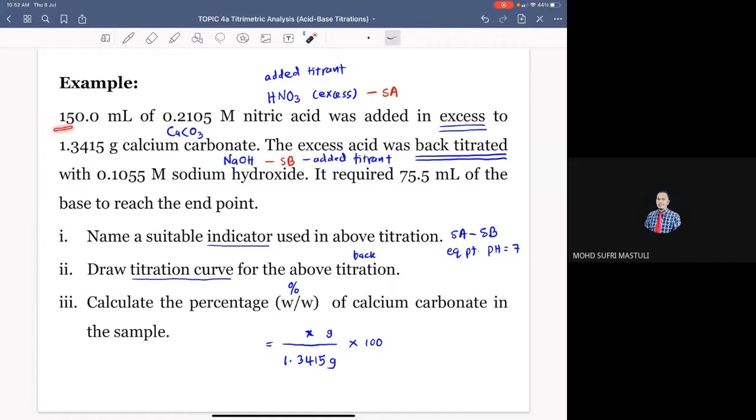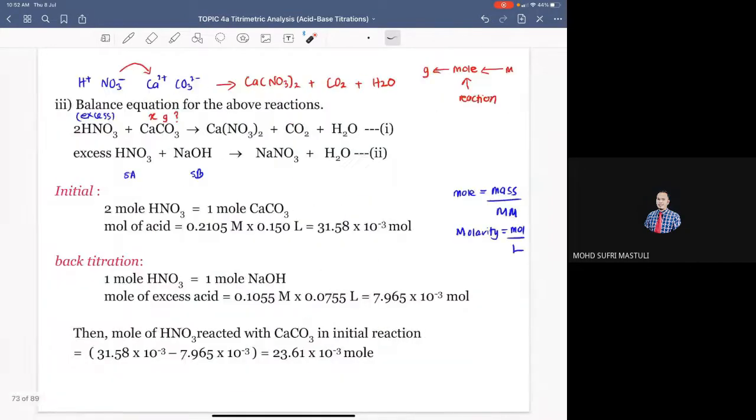So from this information, you can calculate the mole excess of the nitric acid.